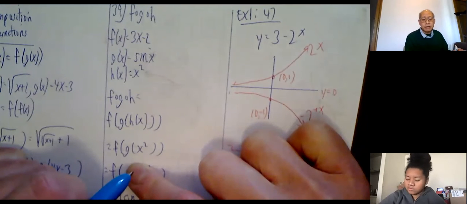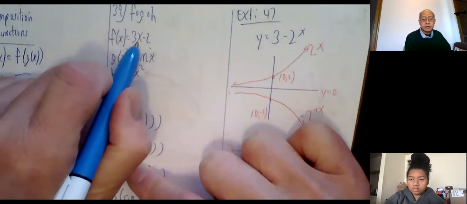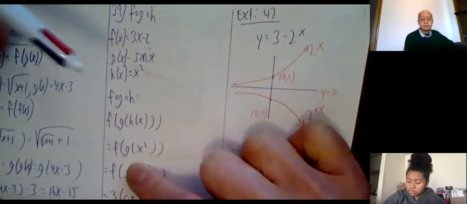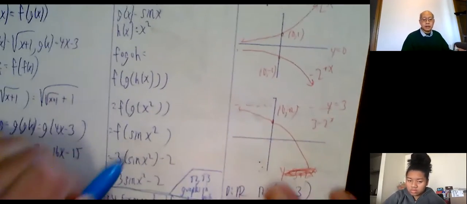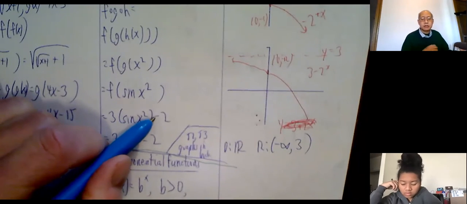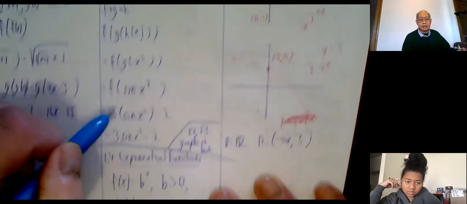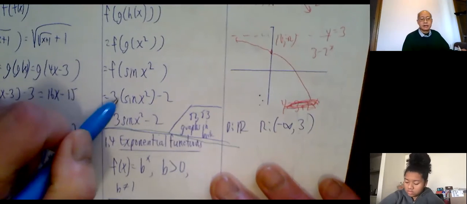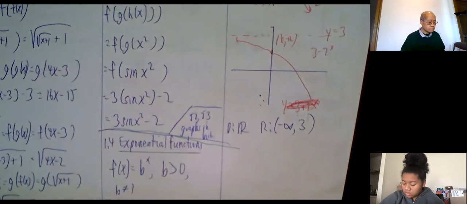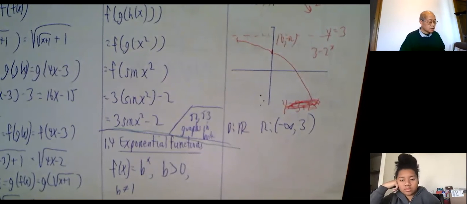Or behind my finger is a mess. What goes right there? The mess in parentheses. So there's the mess: 3 sine x squared minus 2. But then you stop and think about it. Well, I don't really need the parentheses. So 3 sine x squared minus 2, final answer.